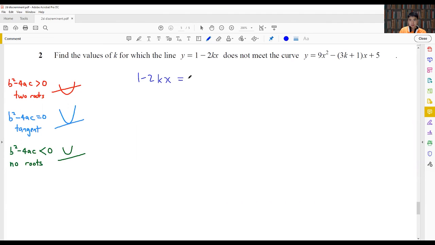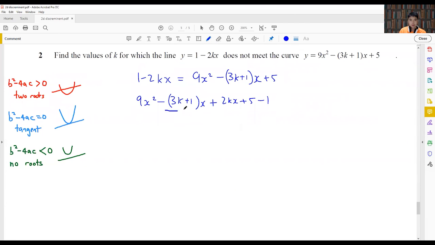kx equals 9x squared minus (3k plus 1)x plus 5. Okay, move it over so that we can have an equal 0 equation. 9x squared minus (3k plus 1)x plus kx plus 5 minus 1.